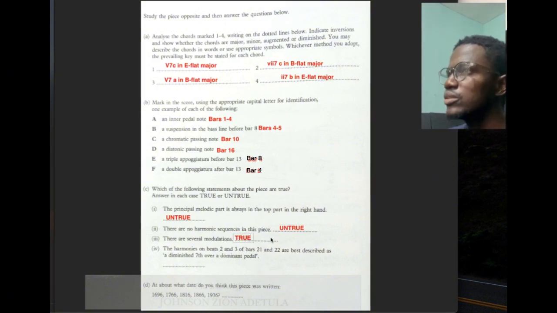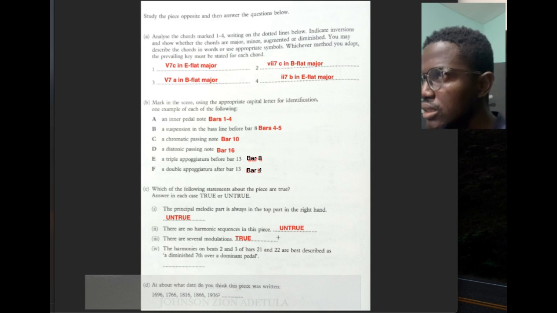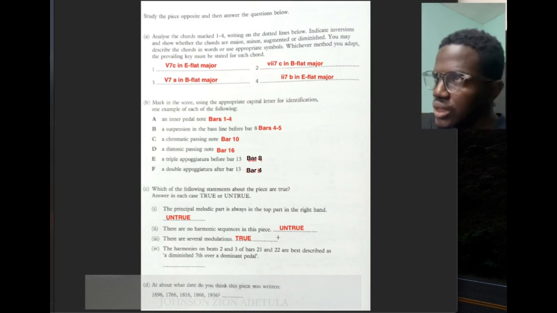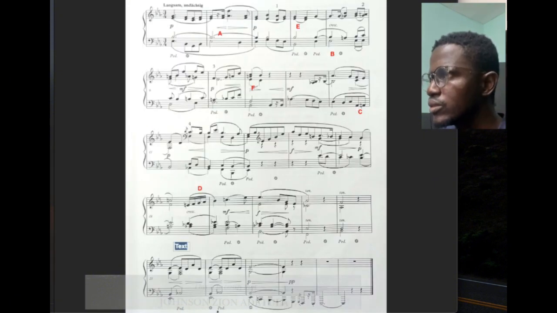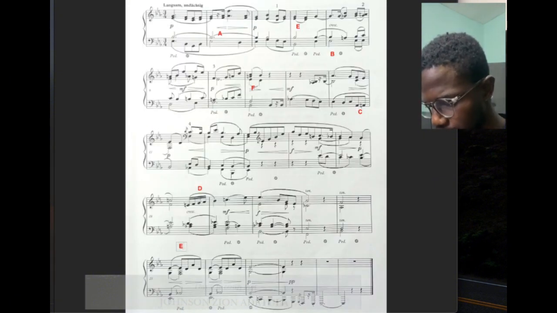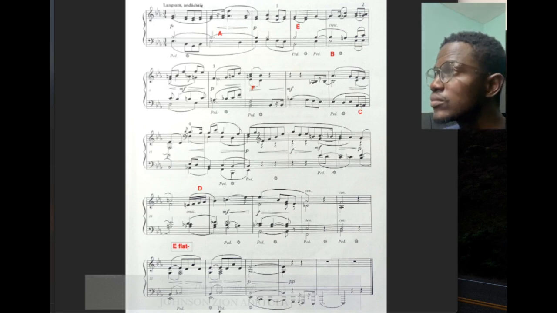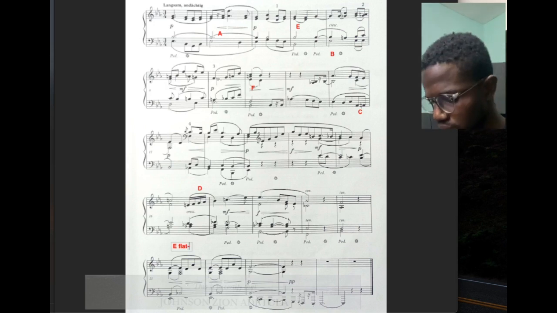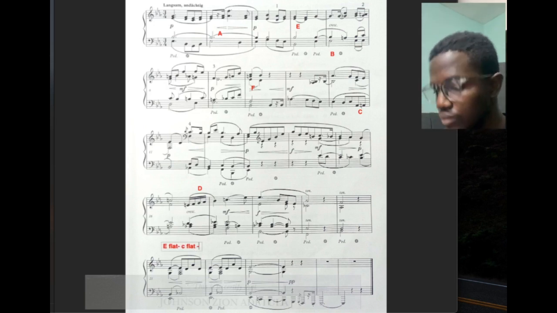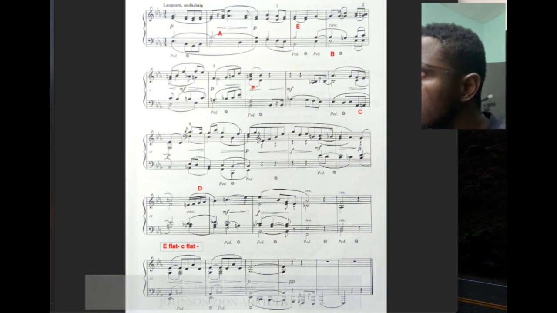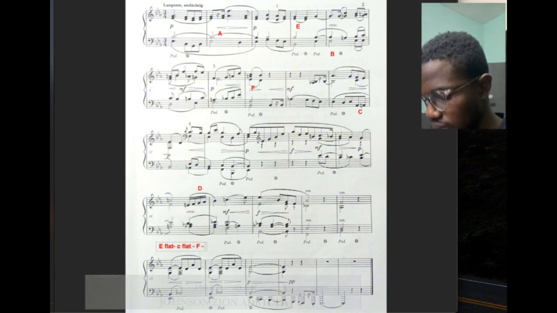First question. The harmonies of beats 2 and 3 of bars 21 and 22 are best described as a diminished 7th over a dominant pedal. So the lowest sounding note here is E flat, then to C flat, F, A, A flat.